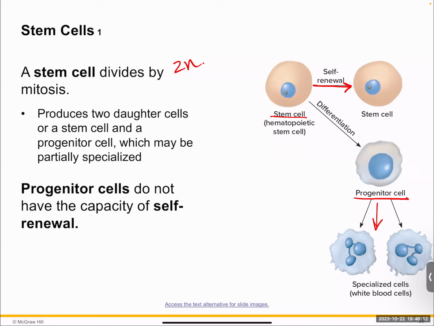As you can see, these progenitor cells in the pictures have specialized to become white blood cells. They could just as easily have become heart cells or muscle cells or brain cells, depending on what type of genes are activated and expressed in those cells. In this case, they differentiated to become white blood cells.